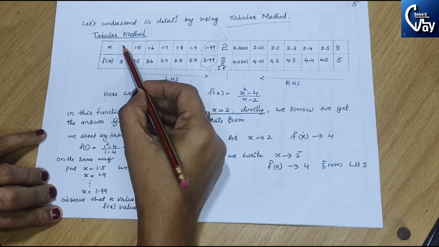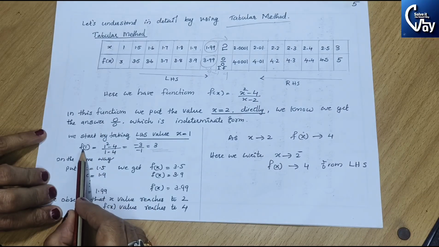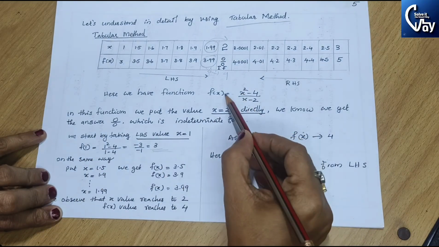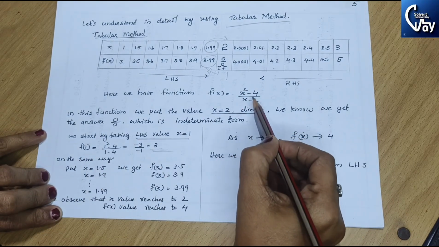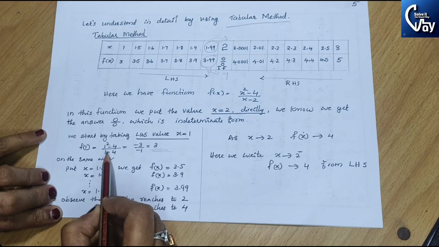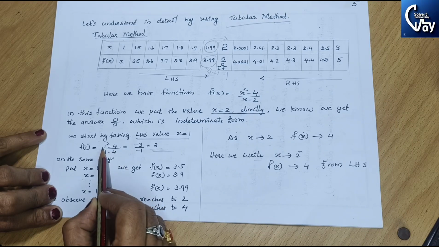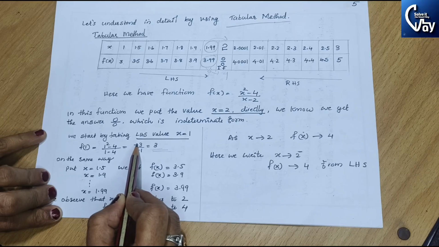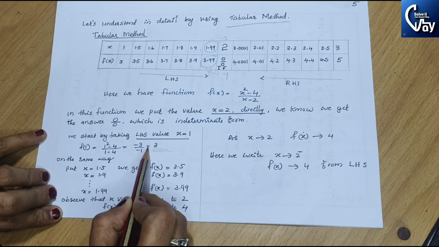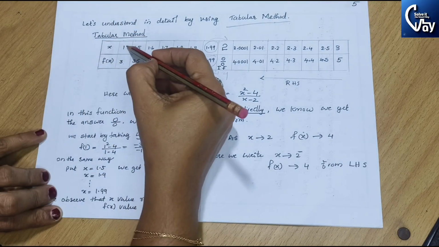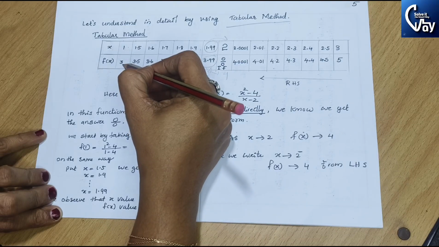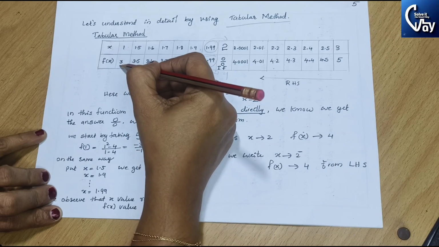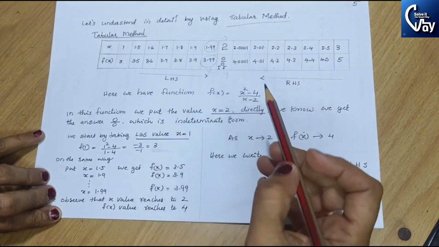We start putting x equal to 1, then f of 1 is 1 square minus 4 by 1 minus 2. What is 1 square? 1 square means 1. 1 minus 4 equals minus 3, by minus 1, that is equal to 3. At x equal to 1, the value of the function is 3.